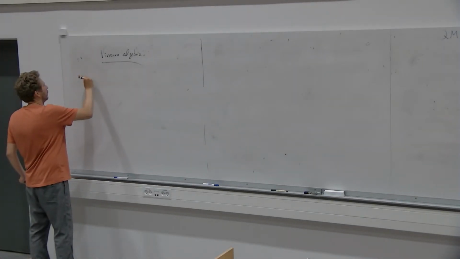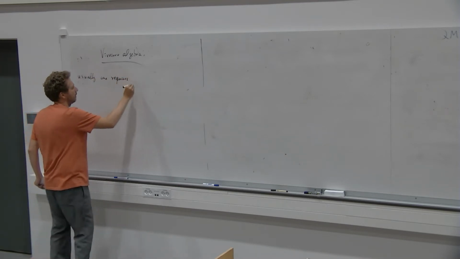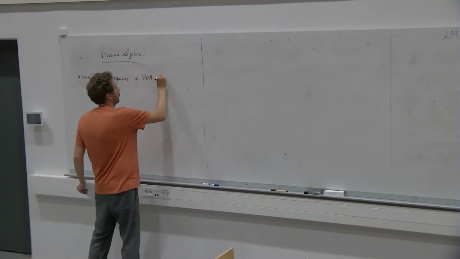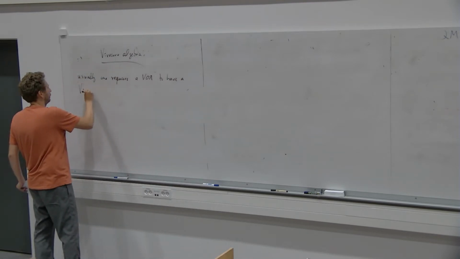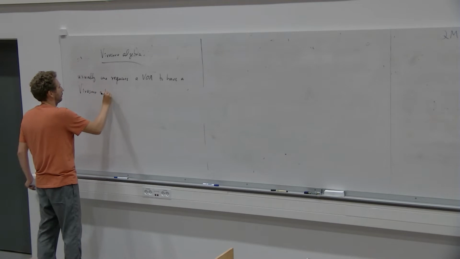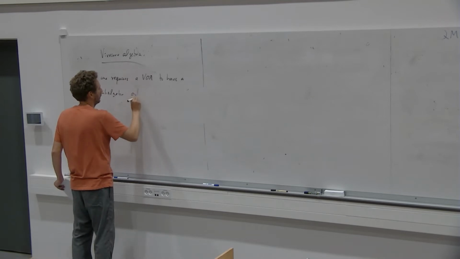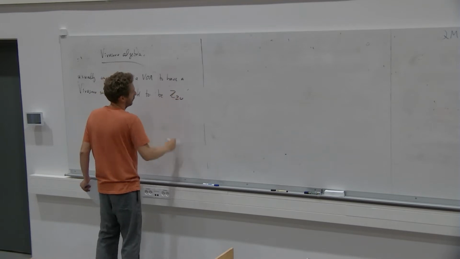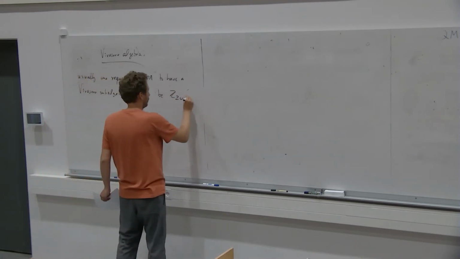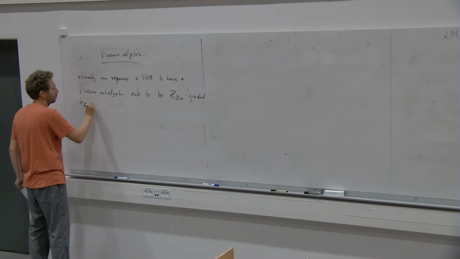So usually one requires a vertex algebra to have a Virasoro subalgebra, and to be integer graded or non-negative integer graded by some operator, which is usually called a Hamiltonian.